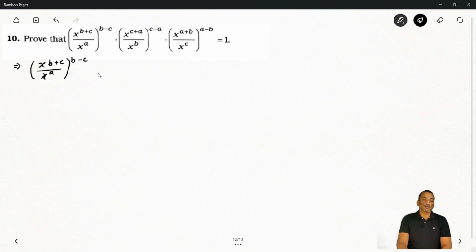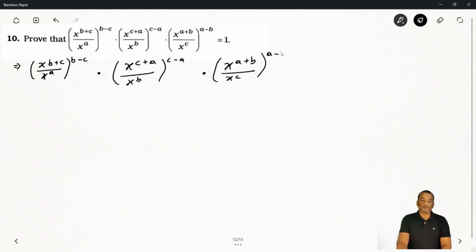Okay, now multiply then x to the power c plus a by x to the power b, and whole is c minus a. Then multiply x to the power a plus b by x to the power c, and whole is a minus b. Okay, that is your left side. This is your LHS.